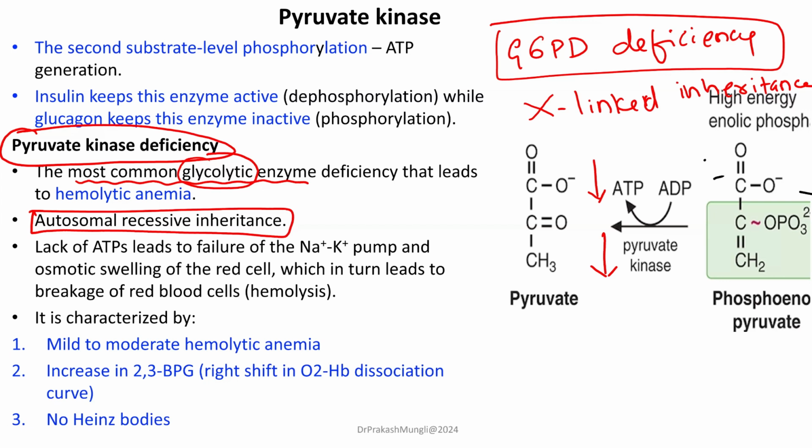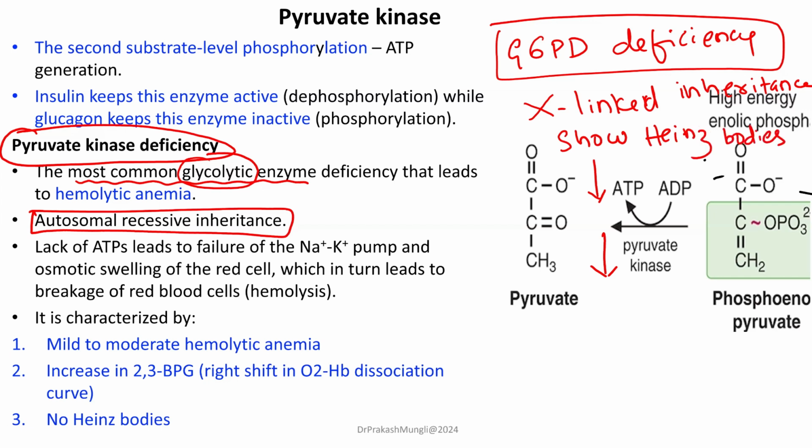Something which is not there, why should we write? There are so many things not there that I didn't write. But I have written only no hinge bodies. Why is it important? Because G6PD deficiency patients will show hinge bodies. So that's how you are going to differentiate.